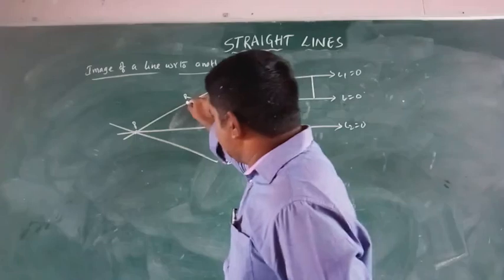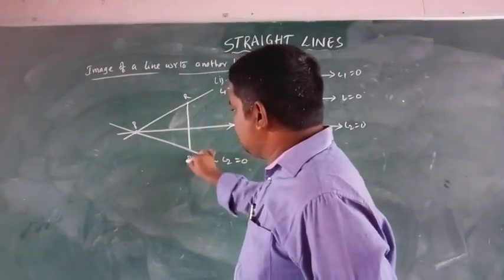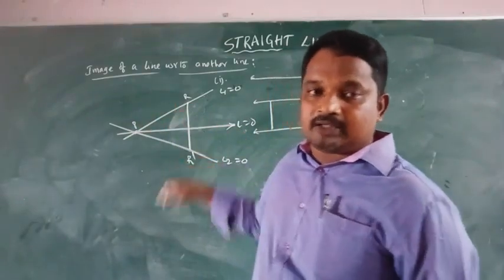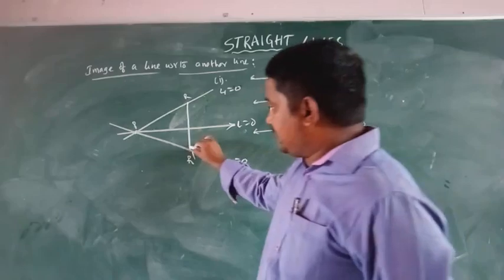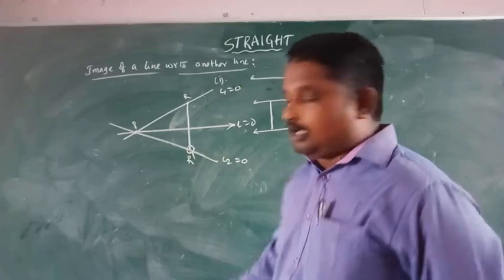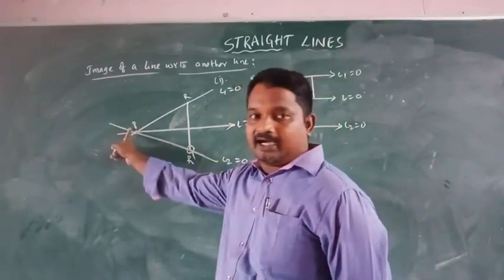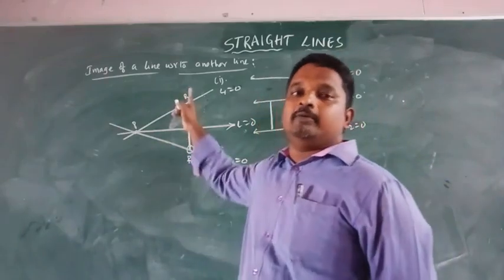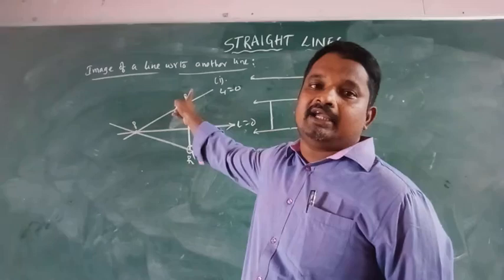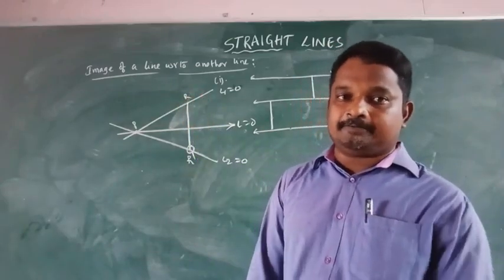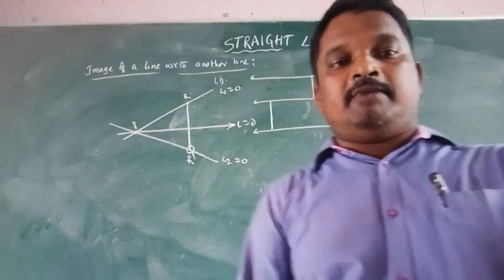Find the image R dash of that point with respect to L. Already you know how to get the image of a point with respect to L, so you may get the image point of R. Okay, now R dash and P are 2 points on the required line. By the two-point formula you may get the image of the L1 equals 0 line with respect to the L equals 0 line. So that is the image of lines.